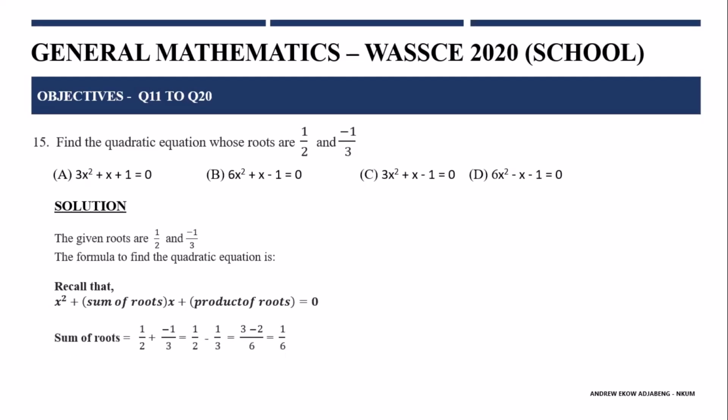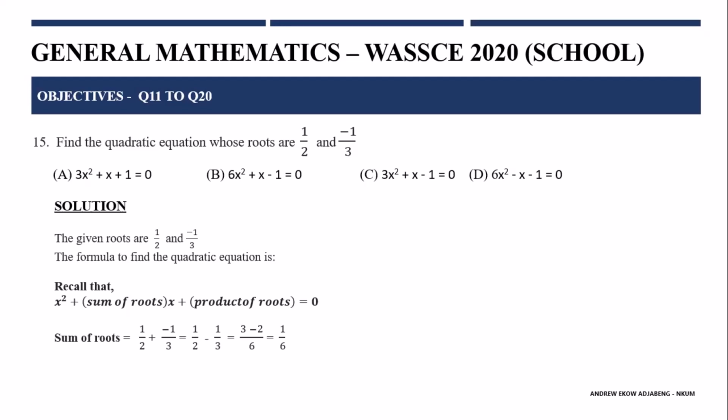When we simplify that, it means that we have to find the sum and then we find the product. So the sum of the roots given is 1/2 plus -1/3. When we simplify, we are going to get 1/2 minus 1/3. Find the LCM, which is 6.